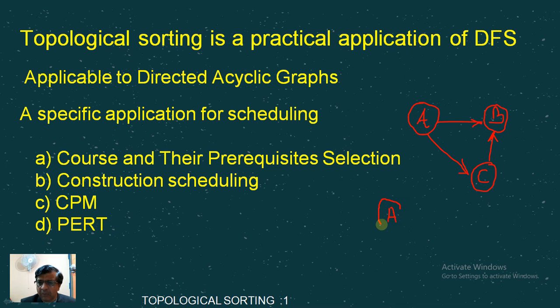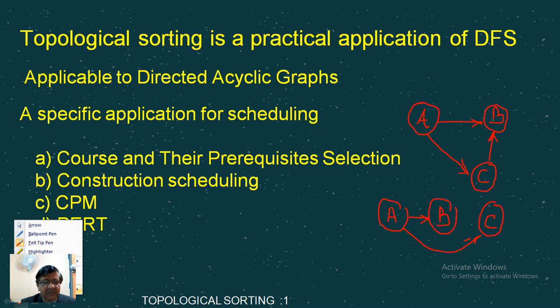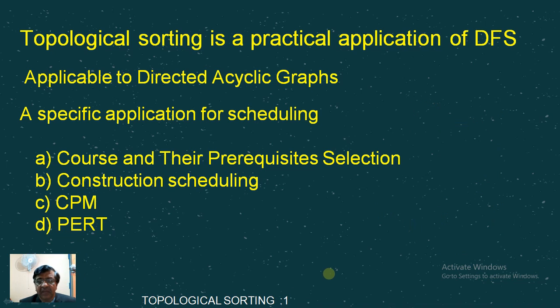A should come over here, B should come over here, so that the connections between A and B and A and C exist, something like this. This is what we mean by topological sorting, the definition of topological sorting.